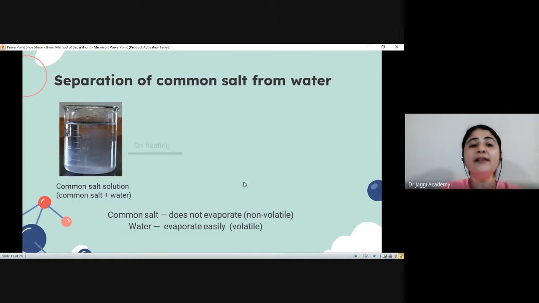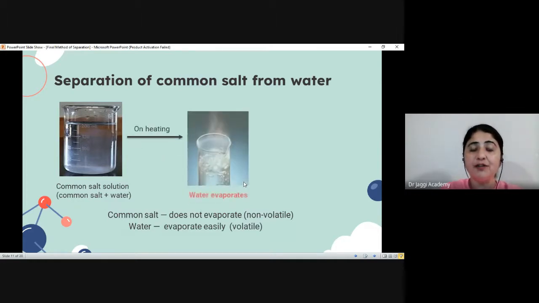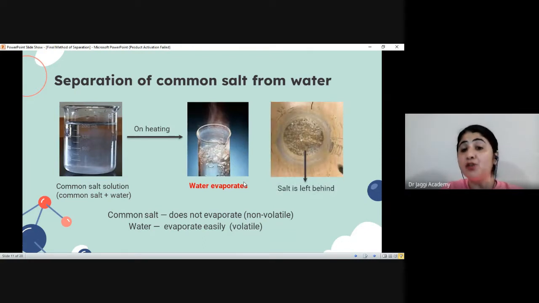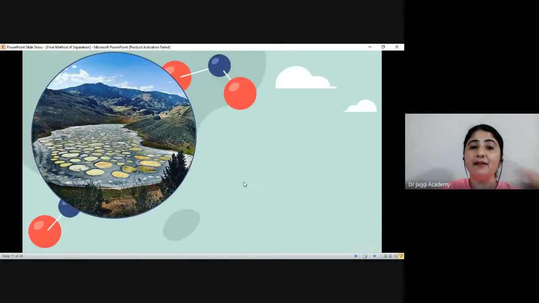So on heating the common salt solution, the water evaporates, and the salt, which is non-volatile, is left behind. In this way, both components, the water and the common salt, get separated. So this is one of the methods of separation.